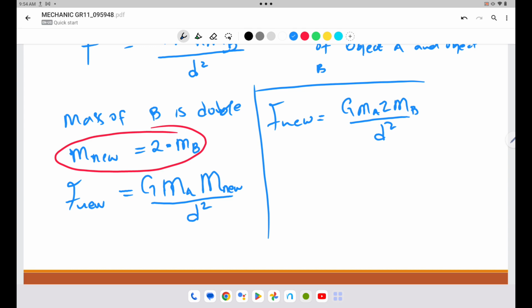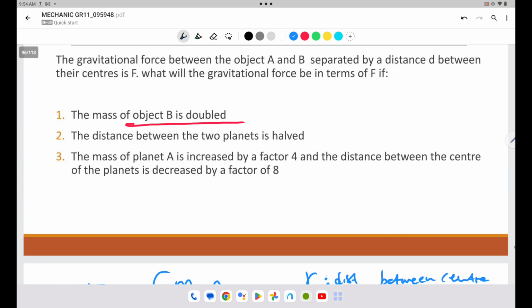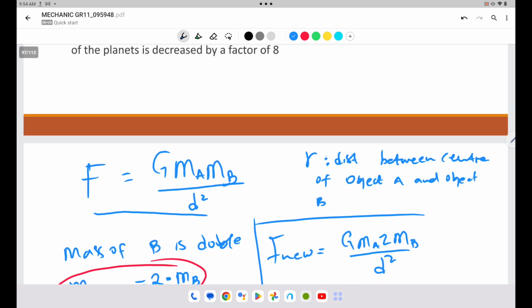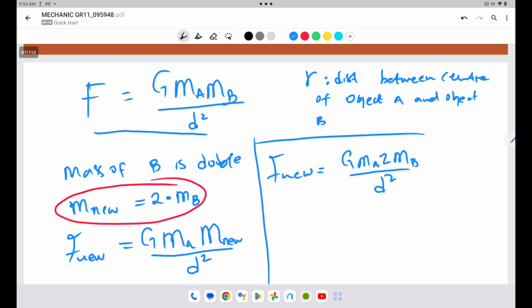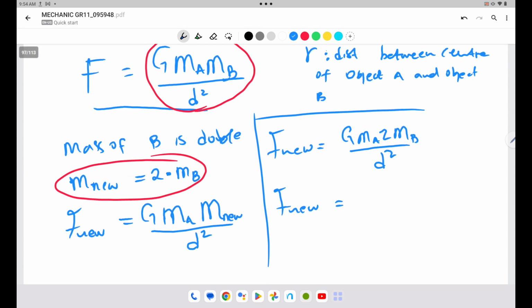What we are essentially doing is writing this new force in terms of the old one. We were told that we need to write the gravitational force in terms of F, and there's the expression of F. So we need to find this expression in our new equation for the force, and we can do that by separating the numbers from the variables. Firstly, I'm going to write that up nicely: 2 G M A divided by d squared.